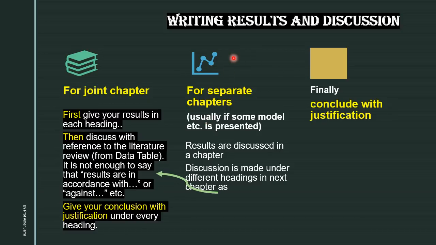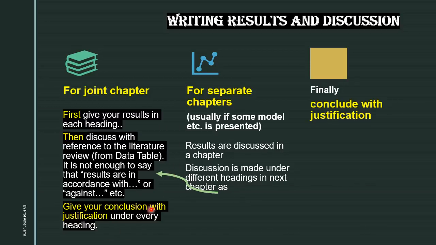And if you are writing separate chapters, you first write down the results chapter and then the discussion chapter. You should usually do it if you are presenting some model, etc. In that case, of course, the results are discussed in a chapter separately, and then discussion is made under different headings in the next chapter.